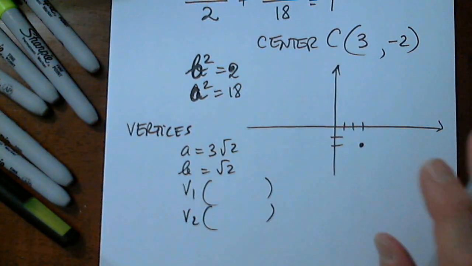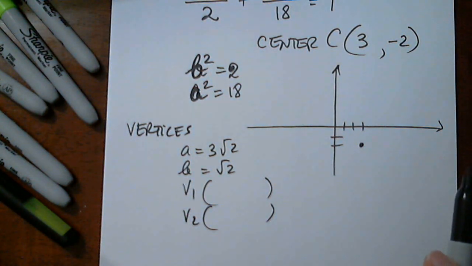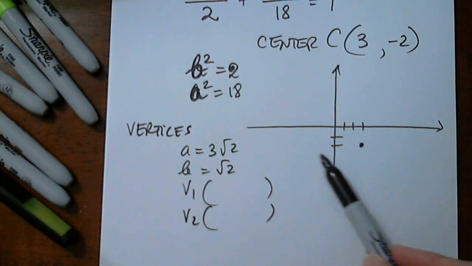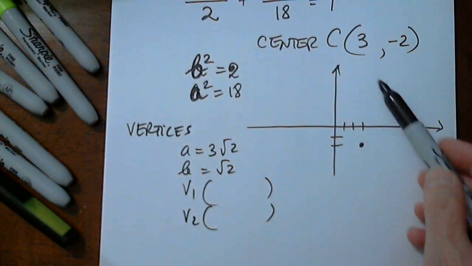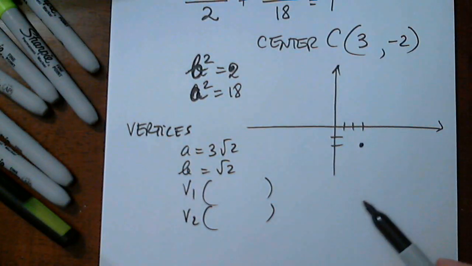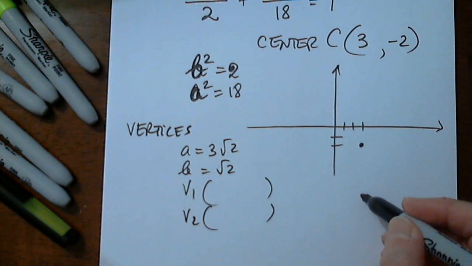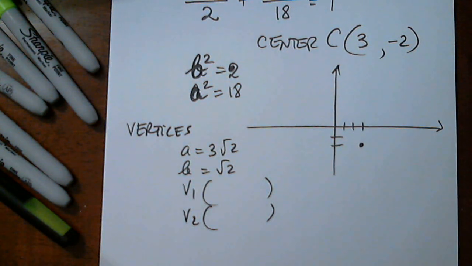Before you say anything, just let me ask you: is the ellipse going to have a major axis that is horizontal or a major axis that is vertical? Vertical? Yes, I agree. Perfect. Good. So now, one vertex will be here and one vertex will be here.